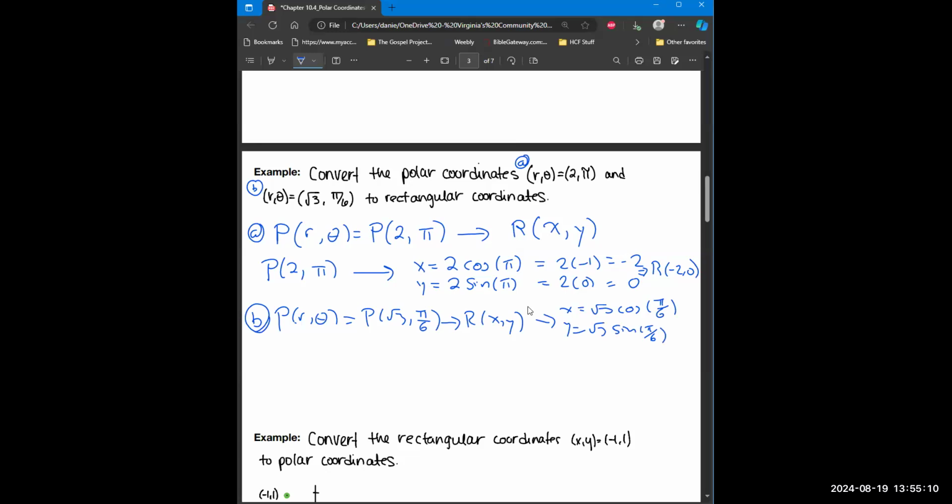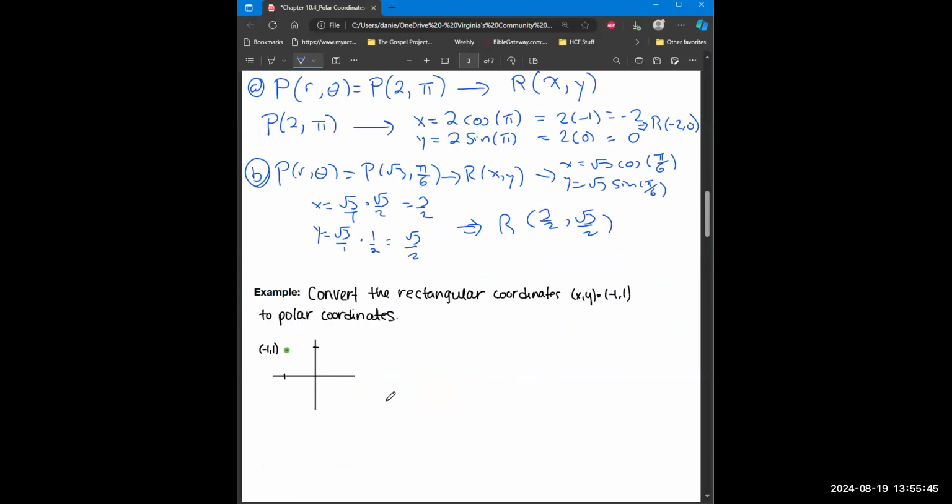So x equals square root of 3 times square root of 3 over 2, which is going to be 3/2 for x. And then y is going to be square root of 3 times 1/2. It's square root of 3 over 2. So my rectangular coordinate is going to be 3/2, square root of 3 over 2.